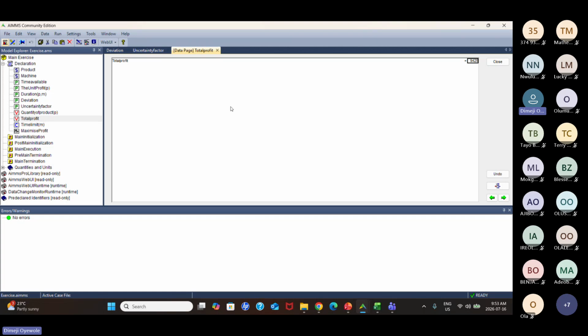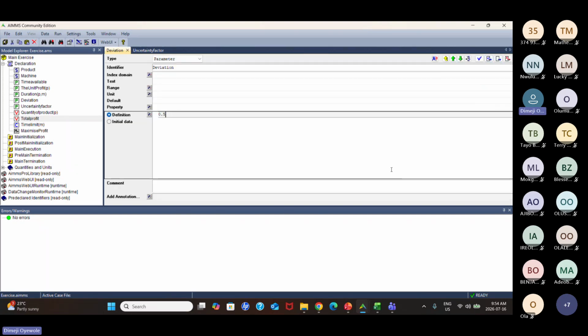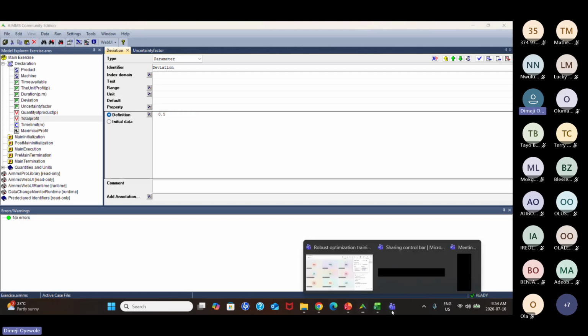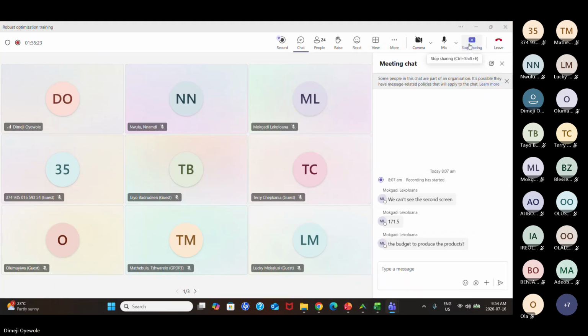So I will just use the AIMMS robust add-on. Then that will be all on my side. So far, do we have any question? Any questions so far? All right, if there's no question, please allow me to unshare, and then I will open the AIMMS for the robust add-on.